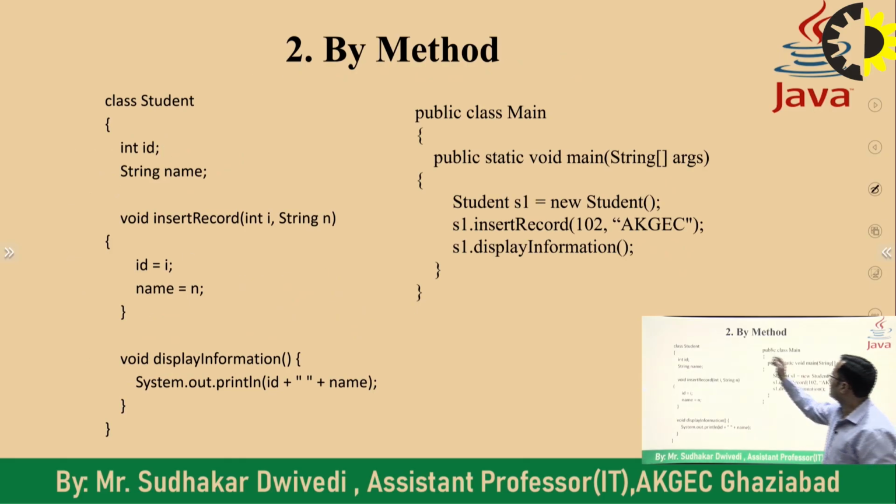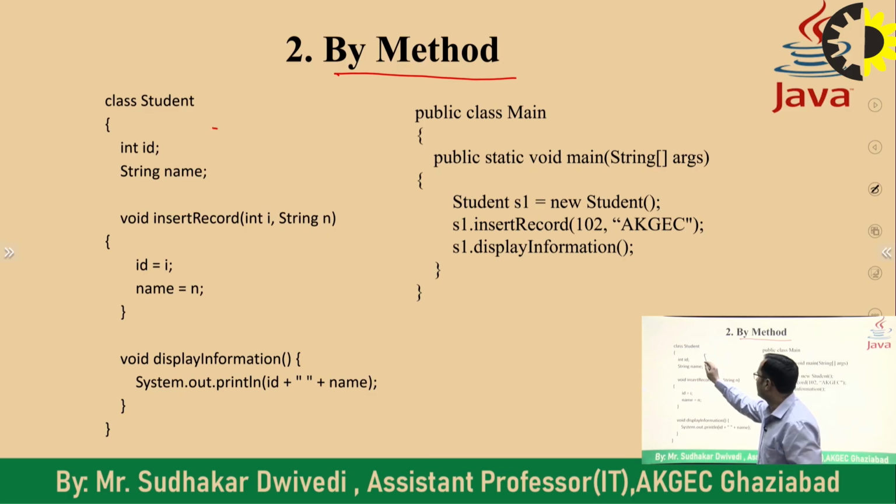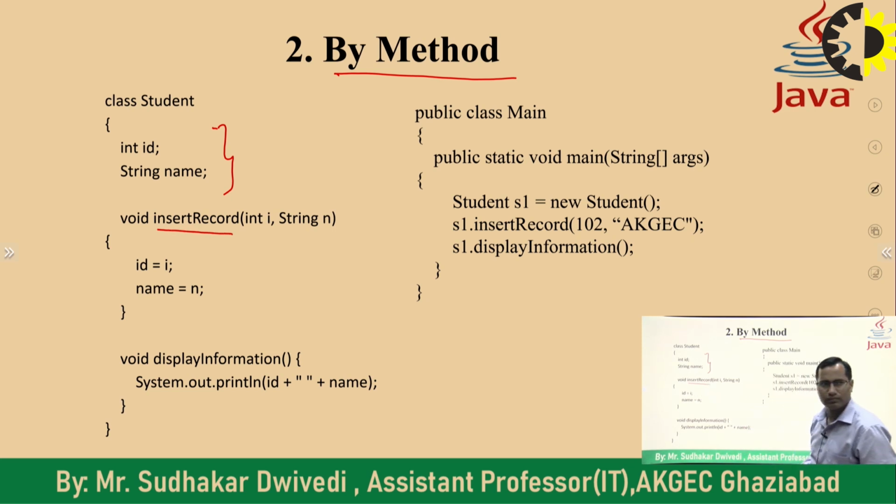The second way is that we can also initialize by calling another method. In the first example, we only used the fields. Now here we have also used a method, insertRecord.